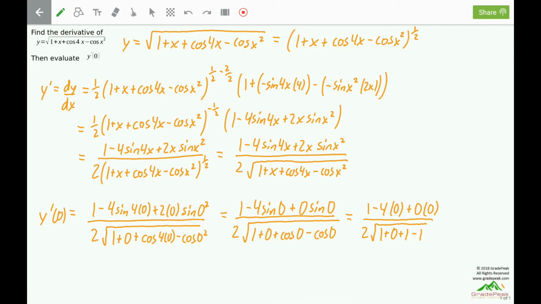So in the numerator we will have 1 minus 4 times 0, which is 0, plus 0 times 0, which is also 0. All this divided by 2 times the square root of 1 plus 0 is 1, plus another 1 is 2, minus a 1 is 1. 1 minus 0 plus 0 is just a 1. The square root of 1 is a 1. We have 1 over 2 times 1, or 1 over 2.